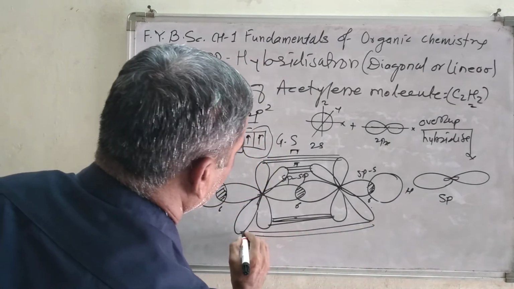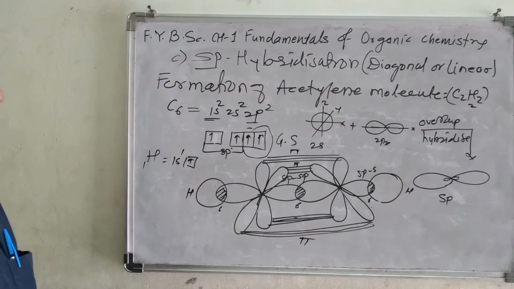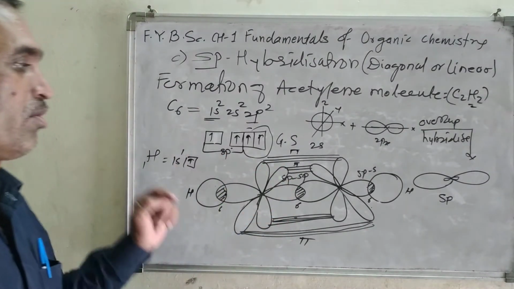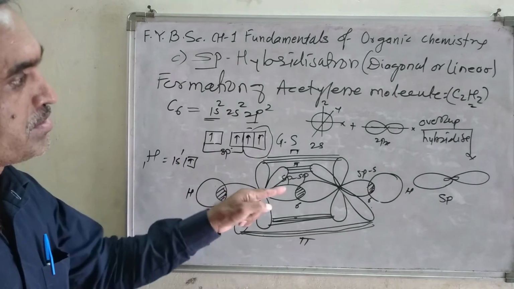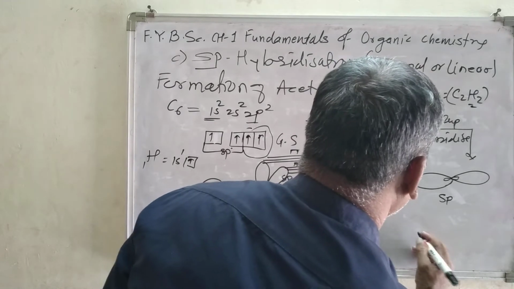This is a pi orbital, right? This is a pi orbital, meaning there are one sigma bond and two pi bonds present in the acetylene molecule.